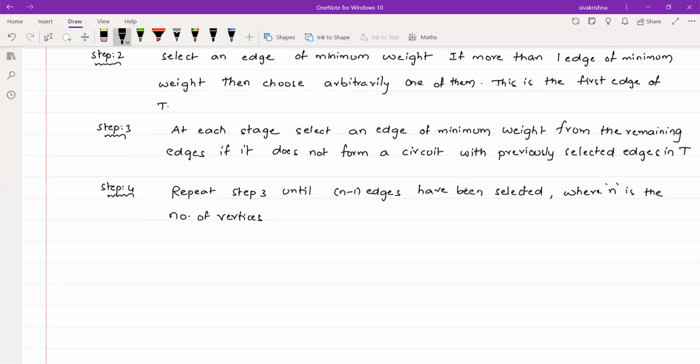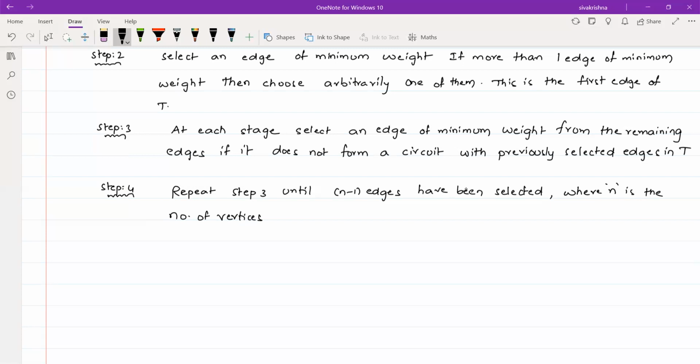So we have to continue this procedure until we get n-1 edges. It means suppose in the given connected weighted graph, we have 4 vertices. Then we have to repeat the procedure until we get 3 edges, of course, on 4 vertices.